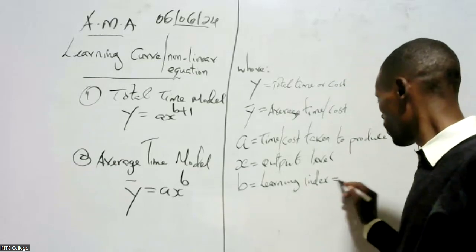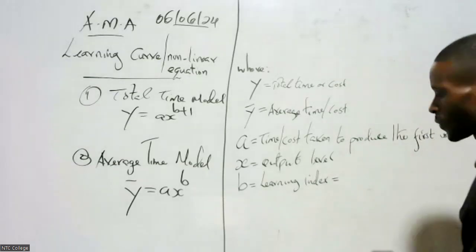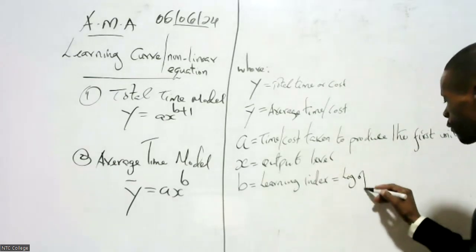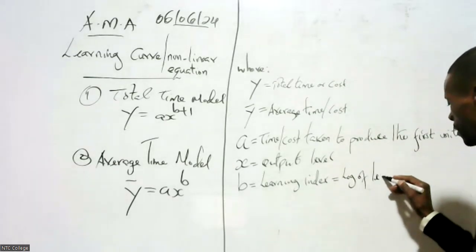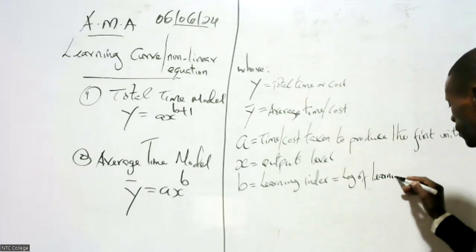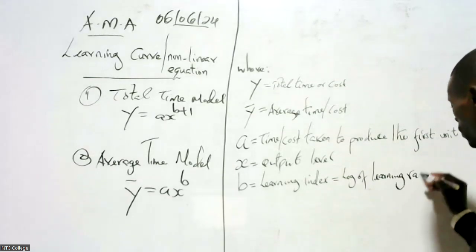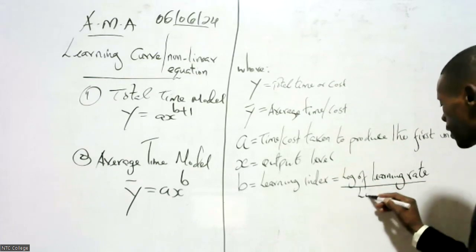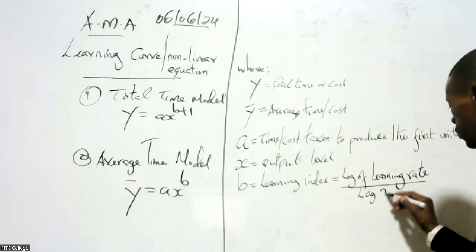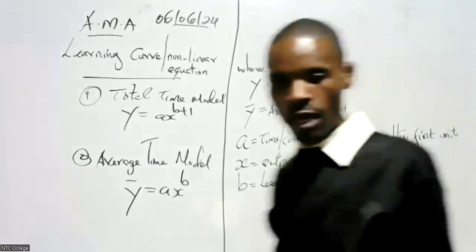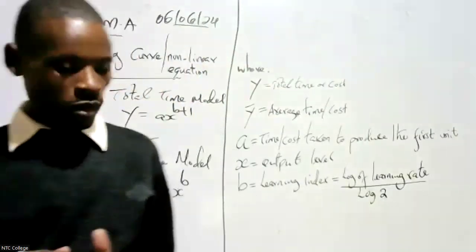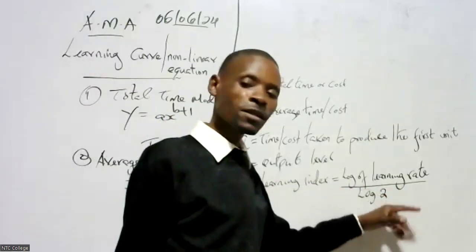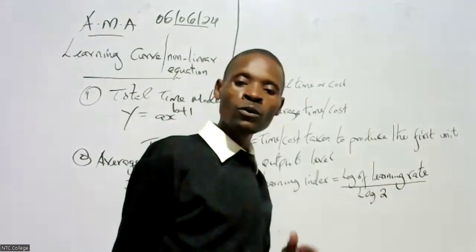This one will be gotten by the logarithm of the learning rate divided by the logarithm of 2. You say it is the log of learning rate divided by the log of 2.